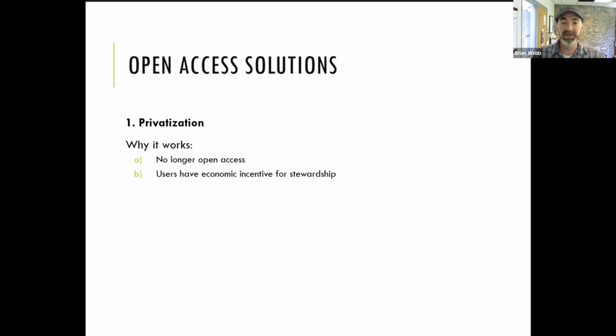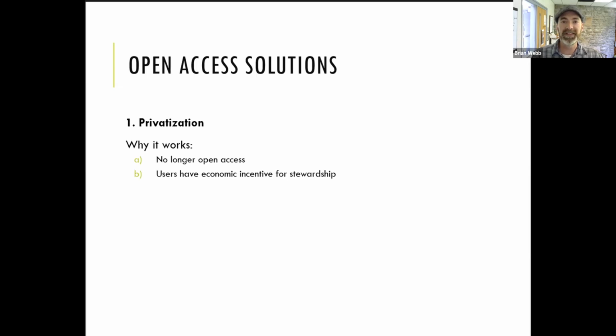It works because, for one, it's no longer open access. If you're privatizing something, you are restricting access. You're removing access so you can exclude people. So it's no longer an open access problem. And then there becomes a financial incentive for the owner or the user of that resource to steward it well.